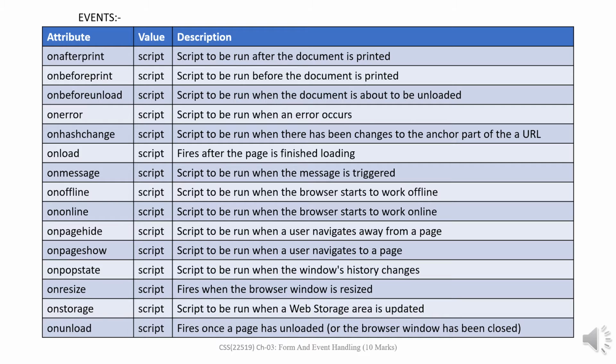Then onbeforeprint, the script to be run before the document is printed. onbeforeunload, script to be run when the document is about to be unloaded. onerror, script to be run when an error occurs. onhashchange, script to be run when there are changes to the anchor part of the URL.